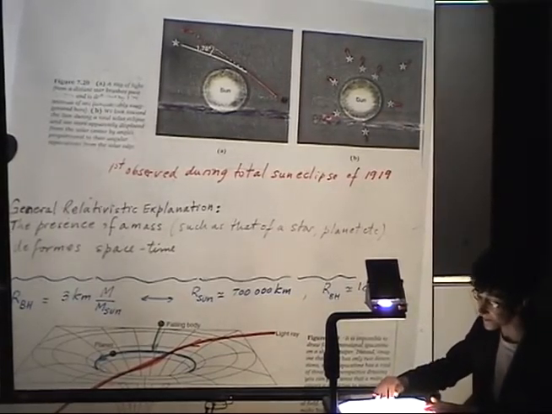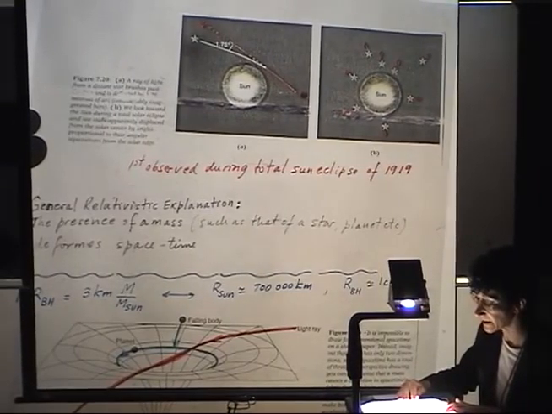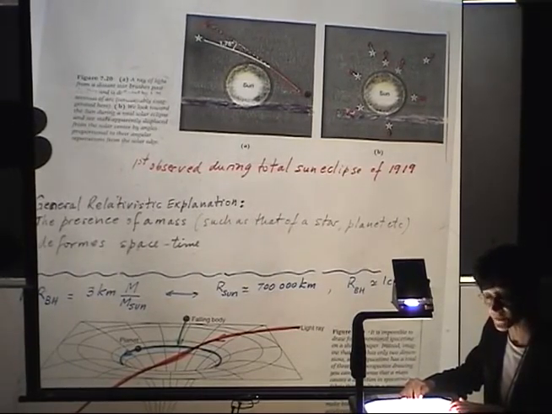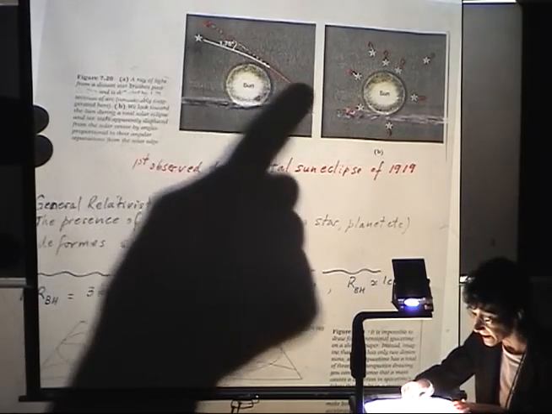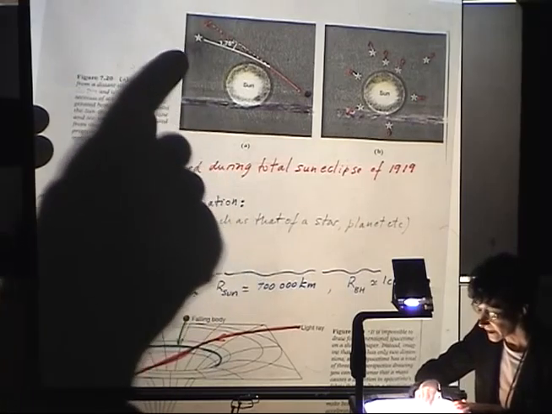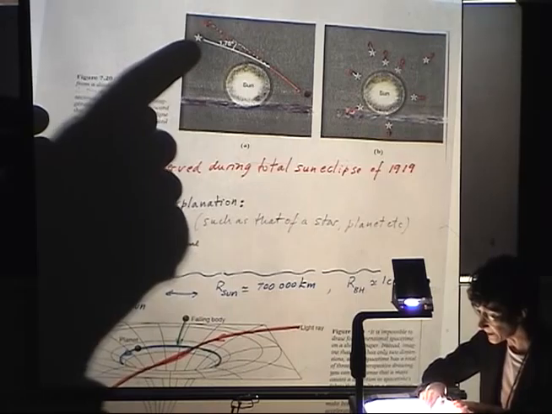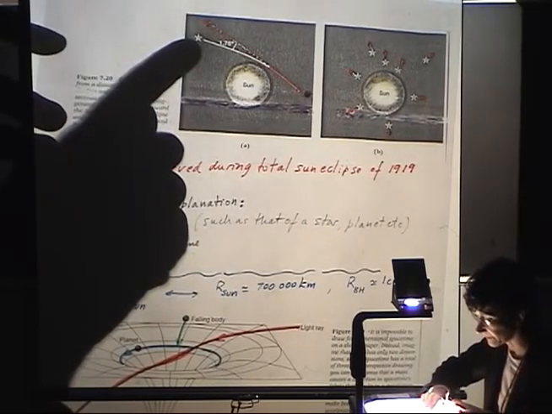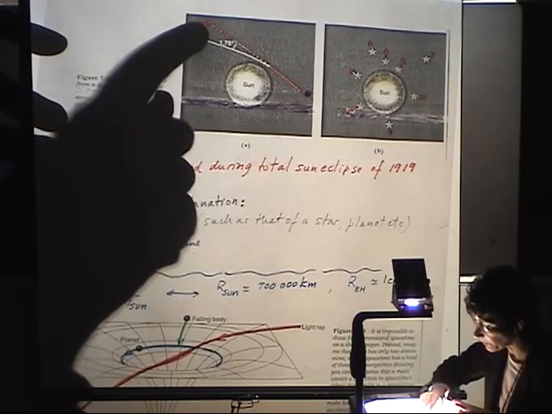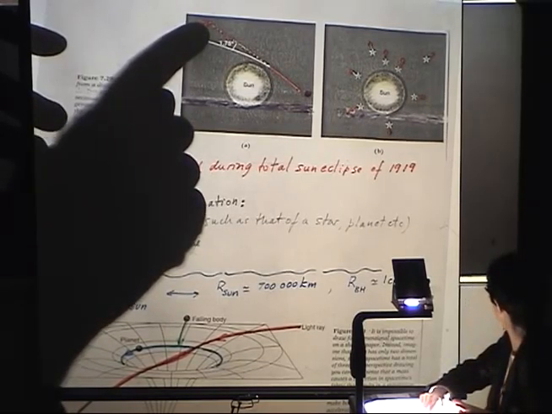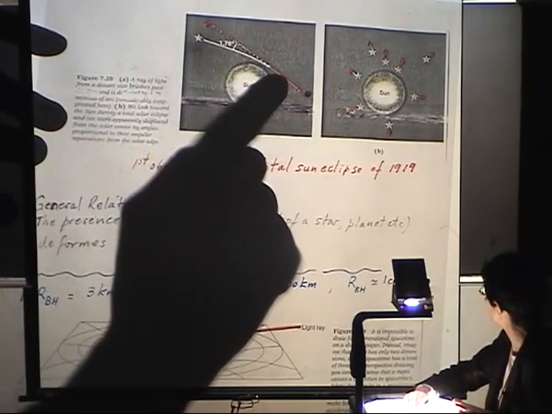It was first observed during a total solar eclipse in 1919, and what was observed was the gravitational lensing, or deflection of light, due to the presence of the sun, of stars that were near the sun. So as you see, the apparent position of the star moves upwards with respect to the sun, because the light is deflected.